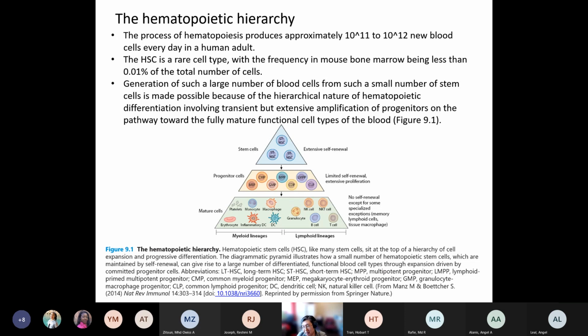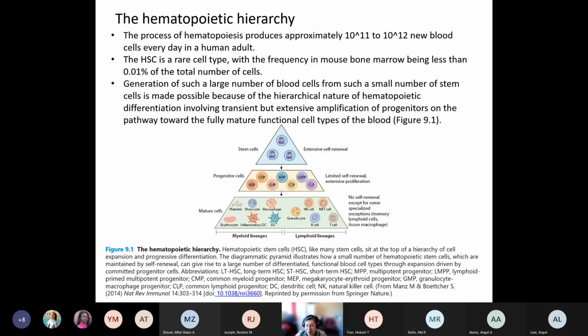So they serve as a stage of huge amplification. Although you have a limited number of hematopoietic stem cells, during differentiation, first those will become progenitor cells, but the progenitor cells will be able to proliferate. You shouldn't say it has self-renewal, because during their proliferation, gradually they will lose their ID, right?